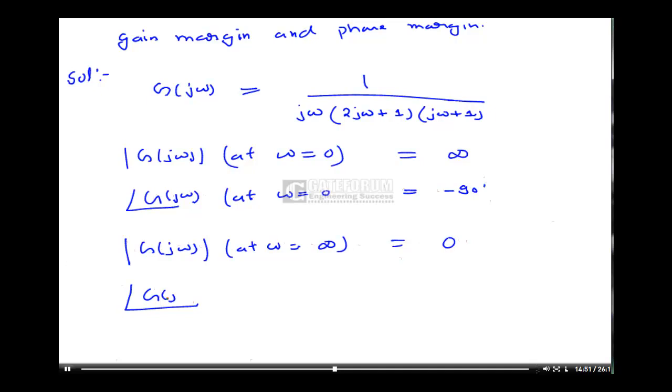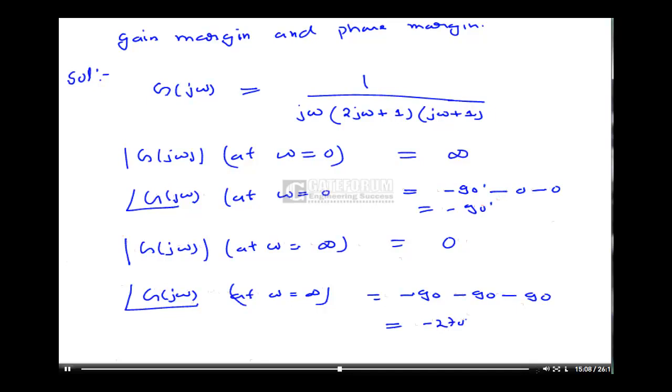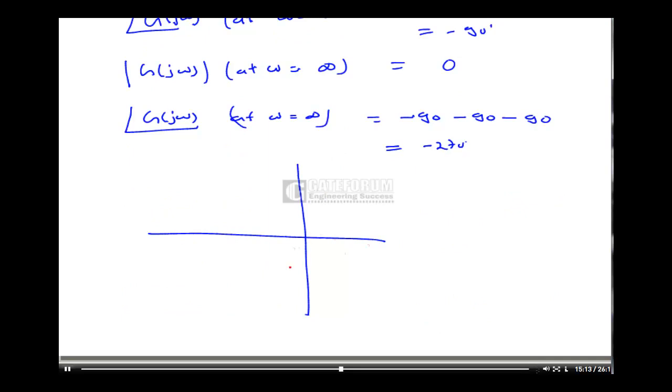Angle of G of j omega at omega equal to infinity is minus 90 minus 90 minus 90, which is equal to minus 270. In this case it is minus 90 minus 0 minus 0, which is equal to minus 90 only. So if I draw Nyquist plot, it will be like this.